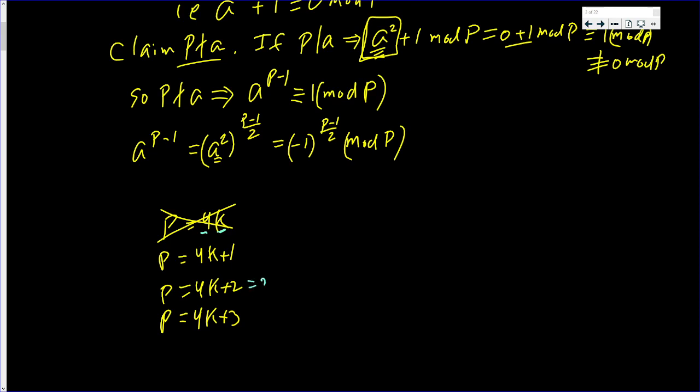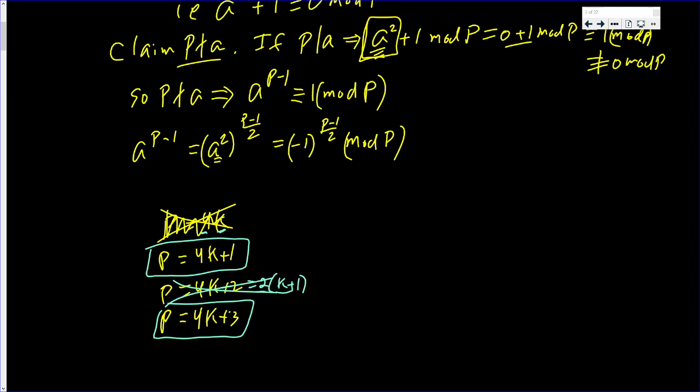And 4k plus 2 means p is 2 times an integer, so a product of 2 integers can't be prime. So we're left with p being one of the other two. But so far, we knocked out 2 of them for sure.